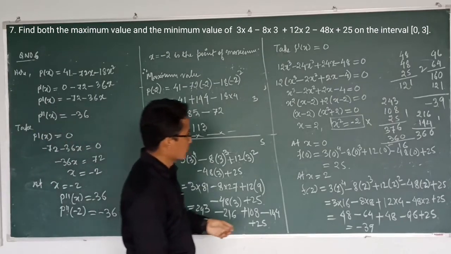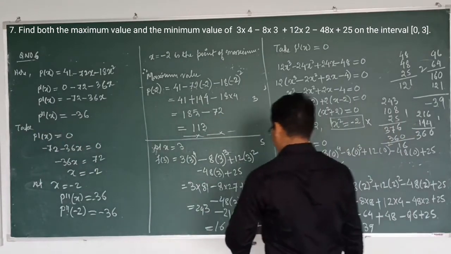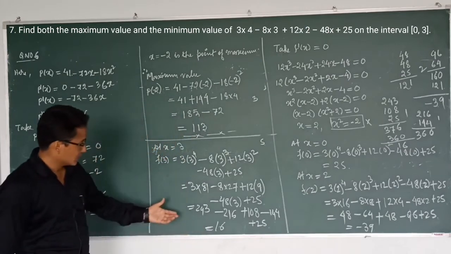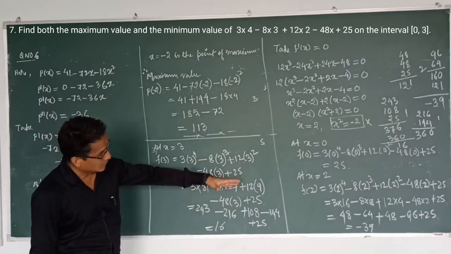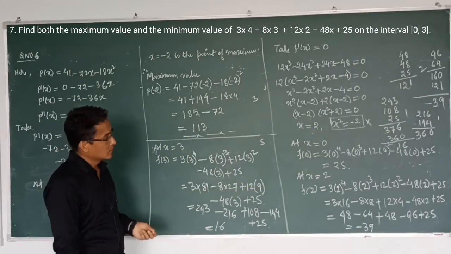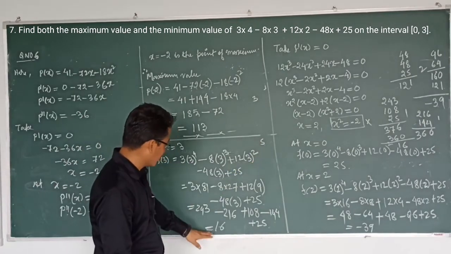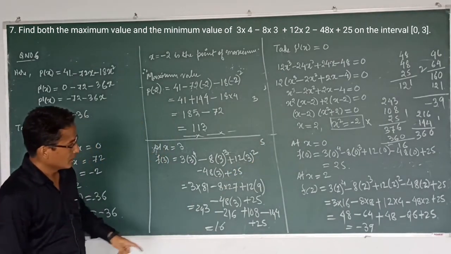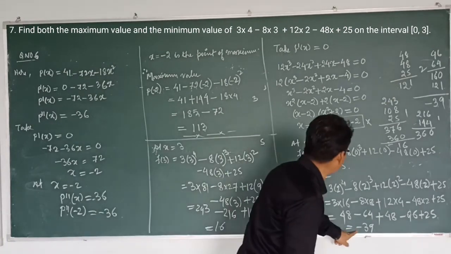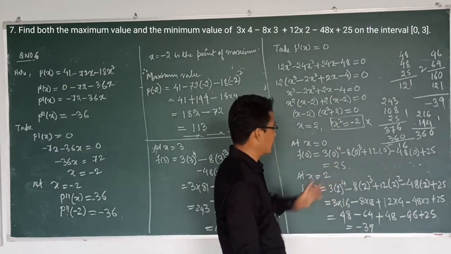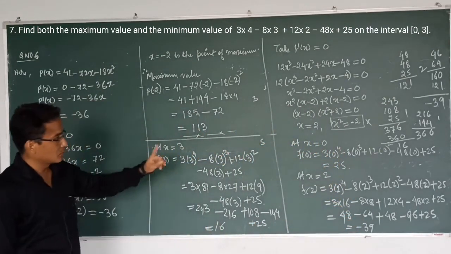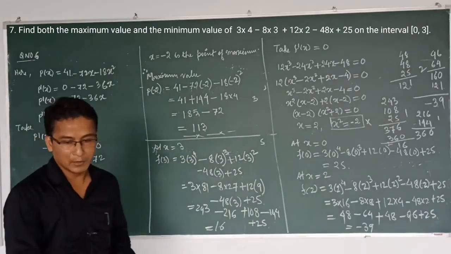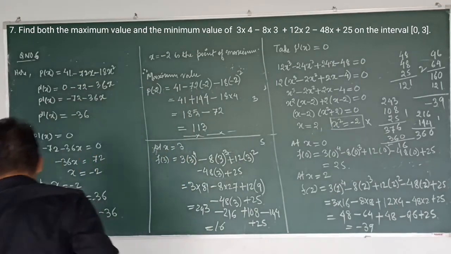Okay, so the calculation, maybe in a little big hurry, so maybe somewhere there is a calculation mistake. So the process is the same. So we got 16. Now we will see that 16, minus 39 and 25. So our maximum value is at 0. Okay, so we write that maximum value.